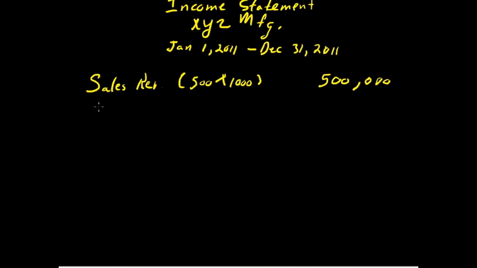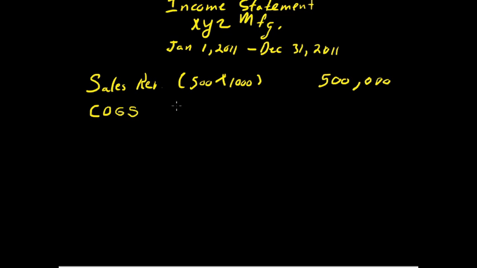The first expense that I want to consider is the cost of goods sold. Now, we're going to condense a number of expense line items. You can have an income statement that shows detail or summary. For the purpose of our illustration today, we're going to show a summary income statement.